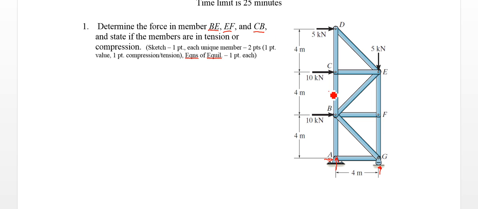So here's CB, EF, and BE is here. So we'll use a method of sections to section this truss there, and we'll look at which half we want to use at that point. So our approach here will be: one, use method of sections.